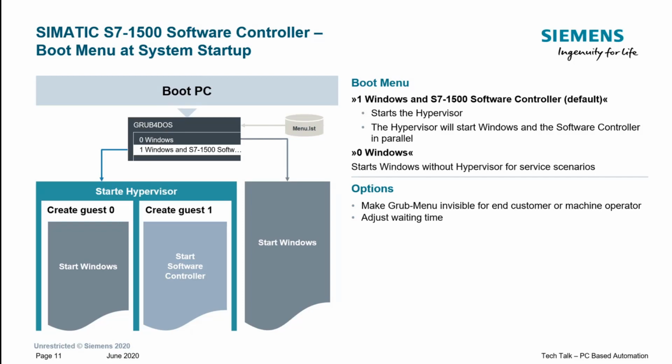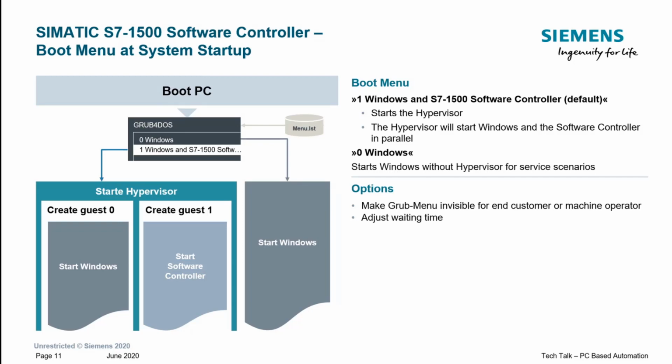Now, if we select the option for Windows only, what happens is on the hard drive, we just load the Windows bootloader and Windows boots up as it would on our standard desktop computers. Now, if we choose the Windows and the software controller, which is the standard option, the Siemens custom hypervisor is started.